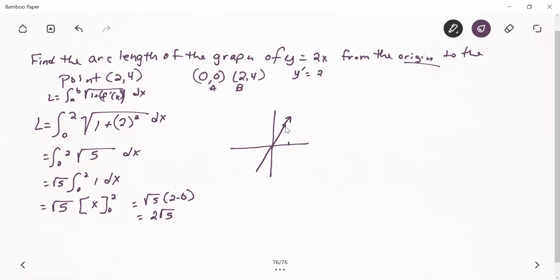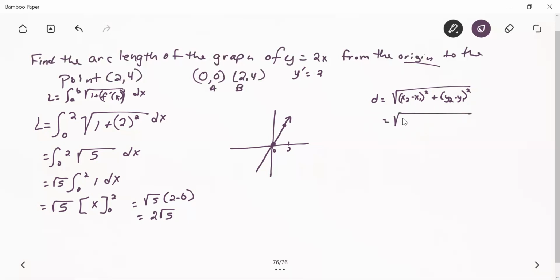So from there to there, I could have used the distance formula. So that's x sub 2 minus x sub 1 quantity squared plus y sub 2 minus y sub 1 quantity squared, because this is just a straight line.